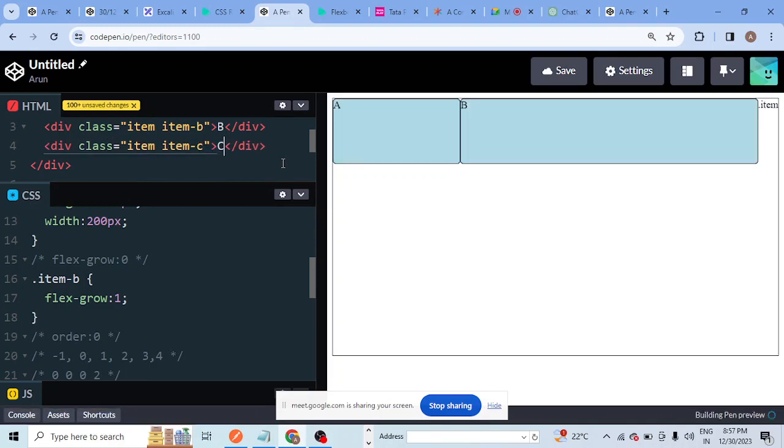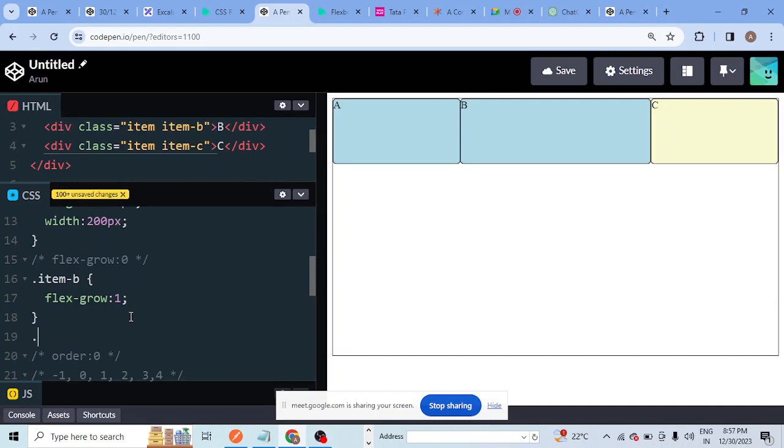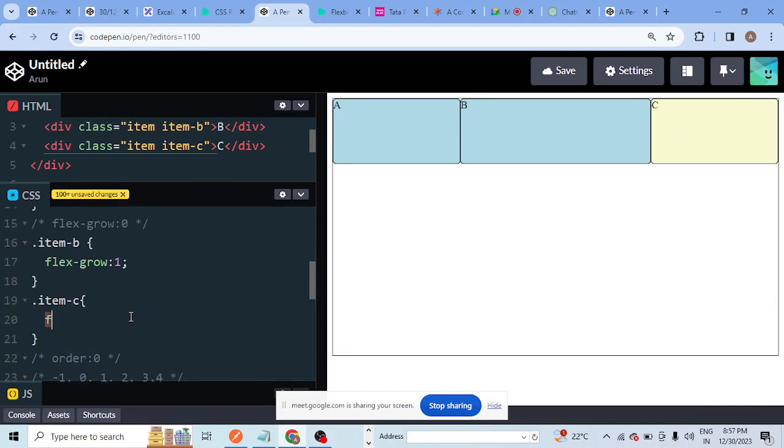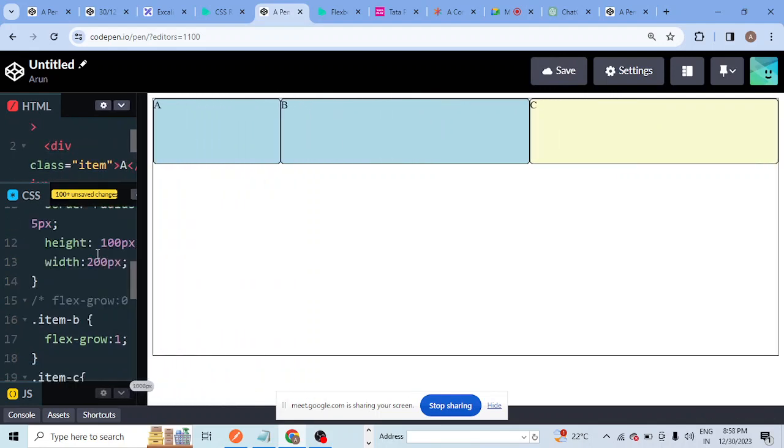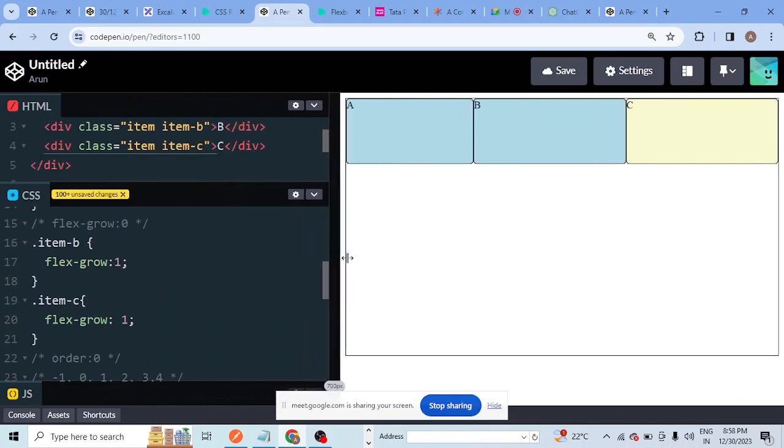What happens if I have another item with flex grow 1? Can you tell me what is happening now?